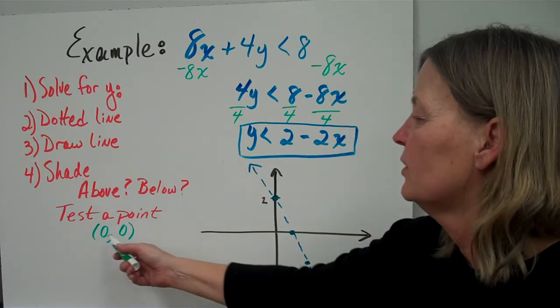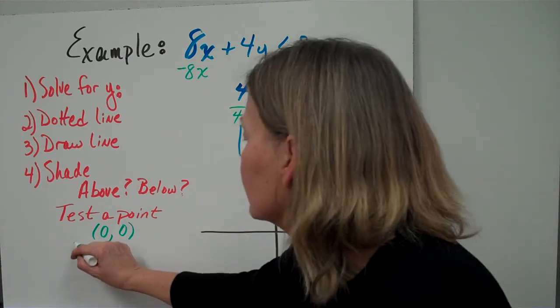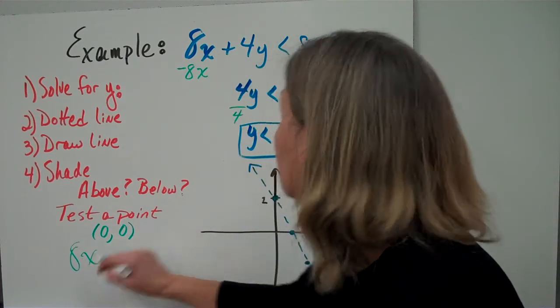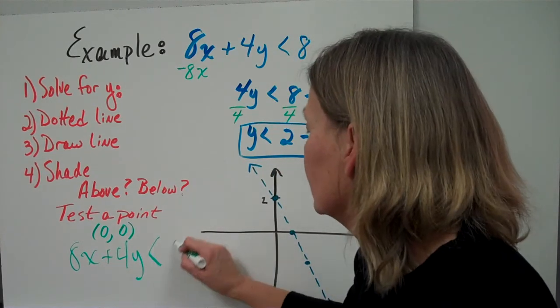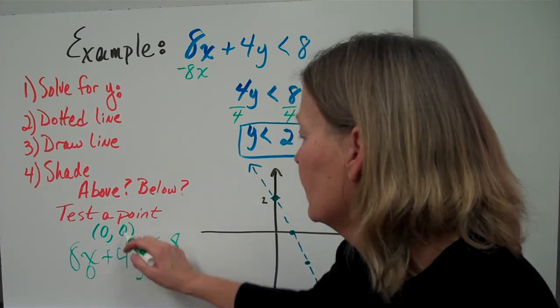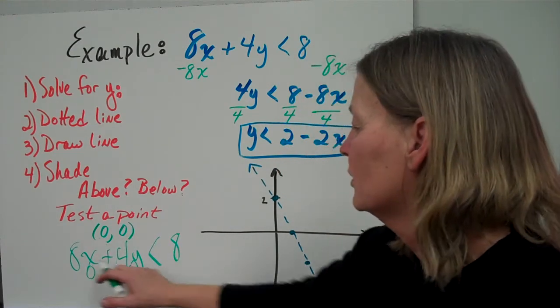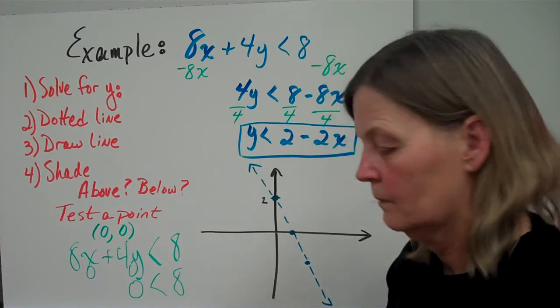What I'd like to do with 0, 0 is put it into the original equation, or inequality. So we have 8x plus 4y is less than 8. If I put in a 0 for x and a 0 for y, you're going to see that 0 is less than 8. Is that true?